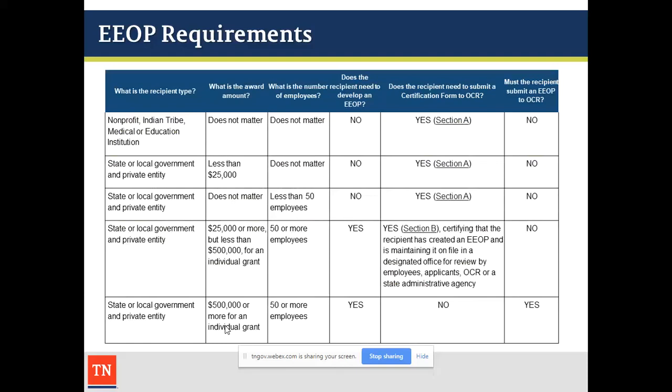Here is a chart of the EEOP requirements. As you can see, a nonprofit, Indian tribe, medical or education institution is not required to develop an EEOP. And so they would fill out what they call Section A of the certification form.